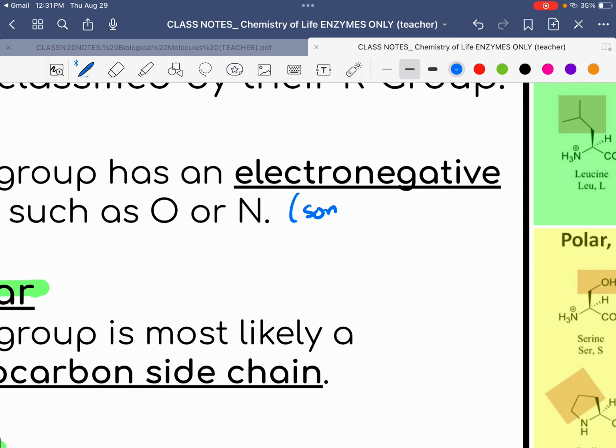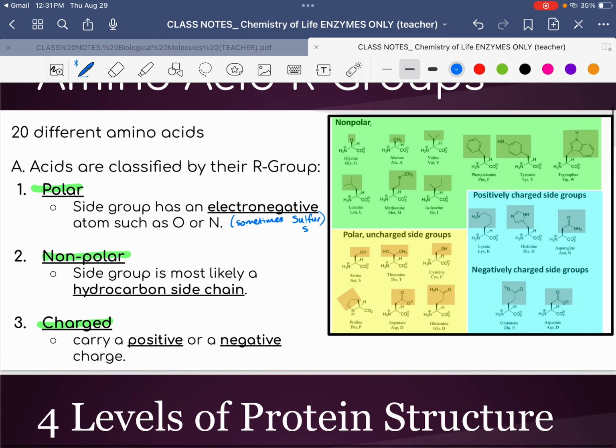Don't forget sometimes sulfur, right? Sulfur. The other thing is that they're usually at the end of a side chain.